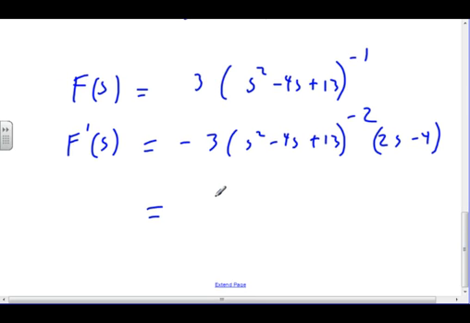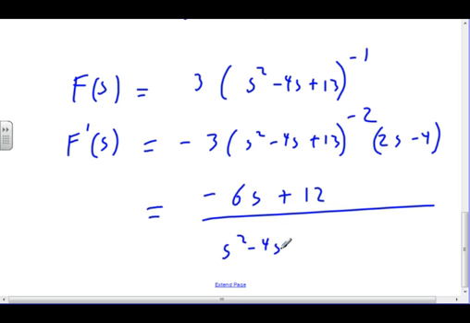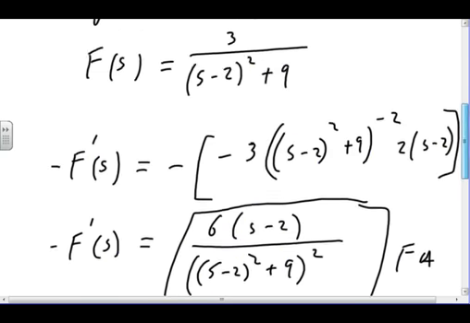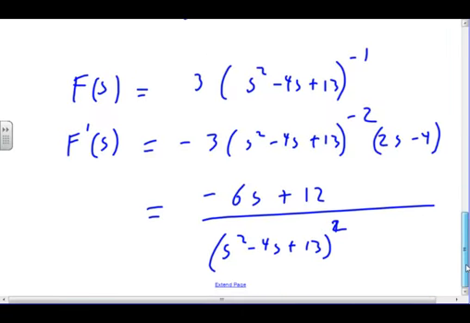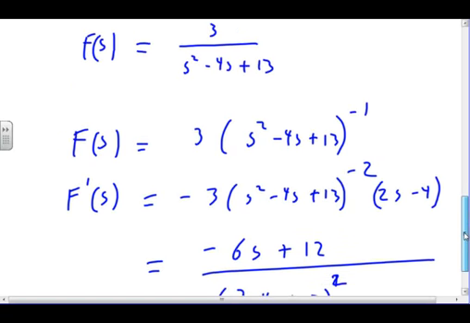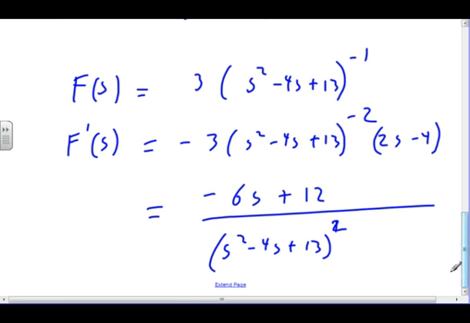I have minus 6s plus 12 over (s squared minus 4s plus 13) quantity squared. I don't see anything wrong with that, and it's exactly what I had before, because I need a minus sign here, which makes this one plus and that guy minus. So now the issue is, how did the author get the wrong answer?